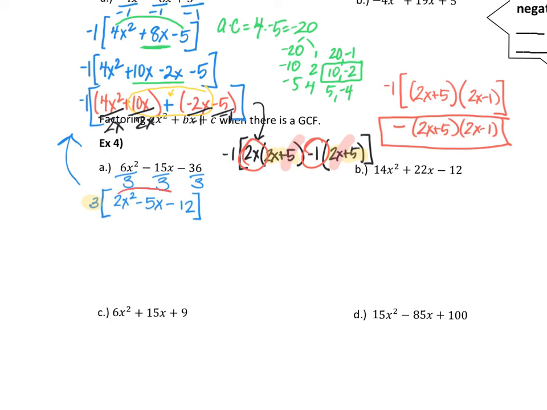So A times C, which is 2 times negative 12, which is negative 24. So then from there, factors, we have 24 and 1, 12 and 2, 8 and 3, and 4 and 6. Now, one of these will always have to be negative, and then you would do the reverse.